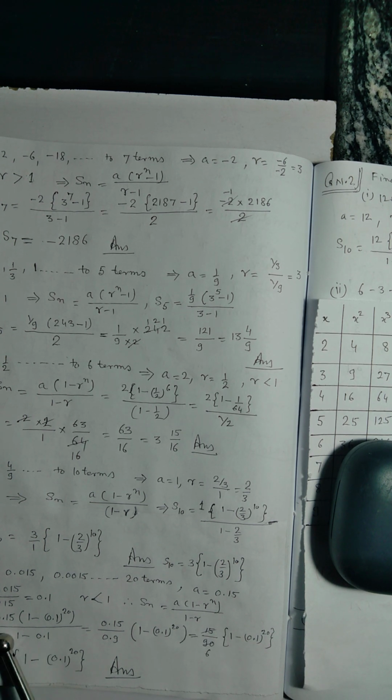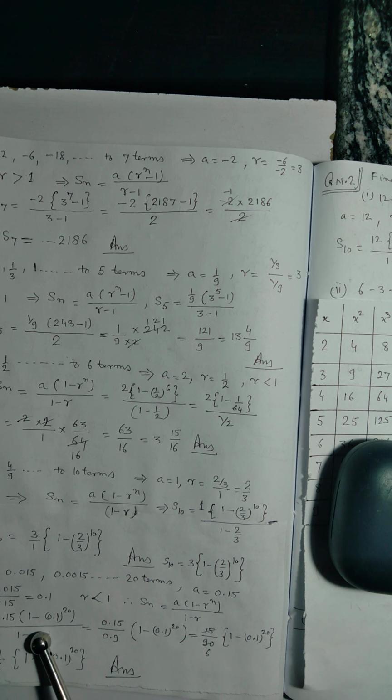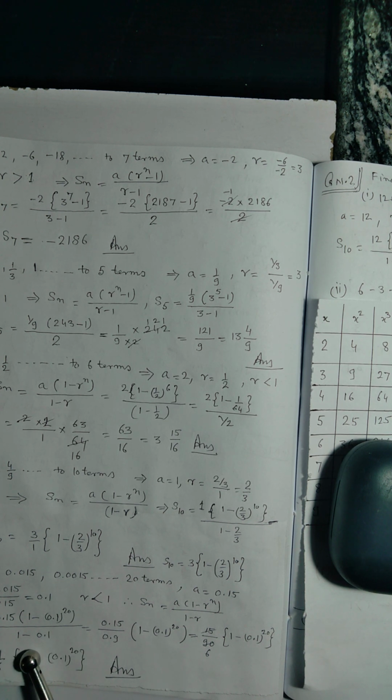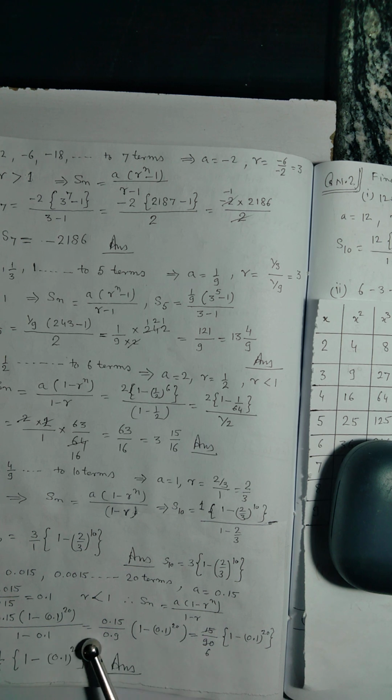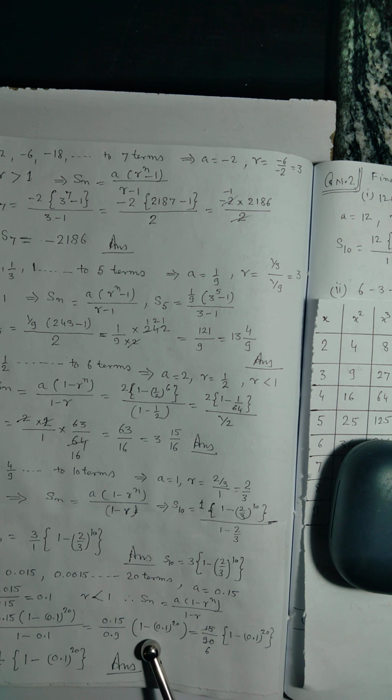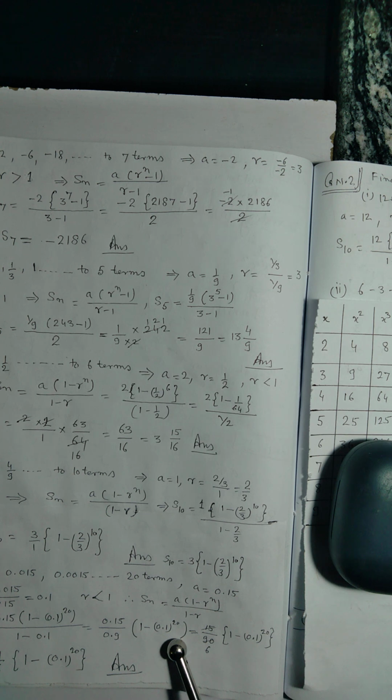Now S20 can be written that 0.15, that is your first term. In bracket you write down 1 minus 0.1 whole raised to power 20 upon 1 minus 0.1. That will be equal to 0.15 upon 0.9. In bracket you write down 1 minus 0.1 raised to power 20.